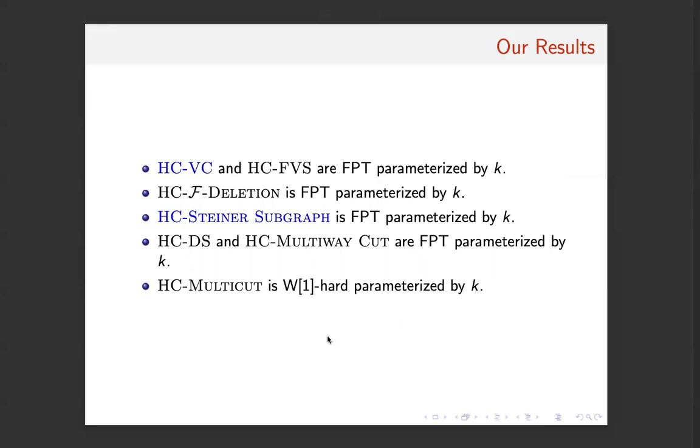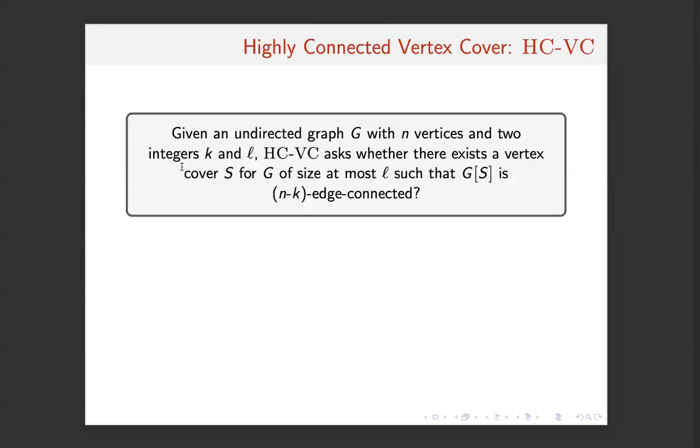In this talk, we will talk about highly connected vertex cover and highly connected Steiner subgraph. So let's first get hold of the problem by solving highly connected vertex cover. This is the definition: given a graph G on n vertices and two integers k and l, highly connected vertex cover asks whether there exists a vertex cover S of size at most l such that G induced on S is n minus k edge connected.